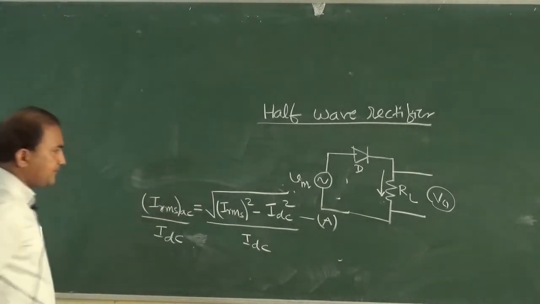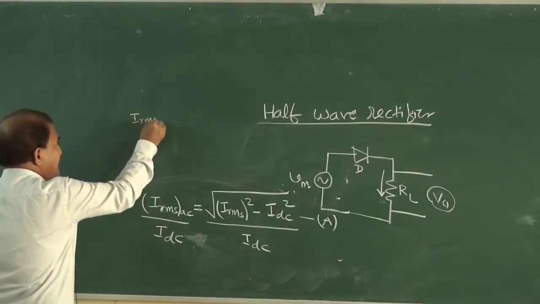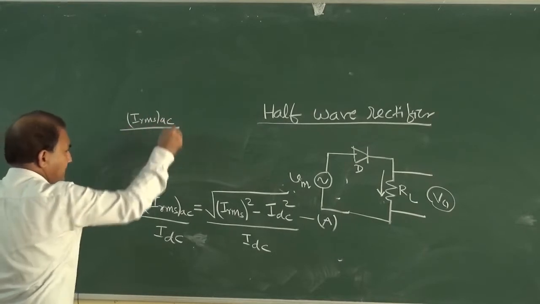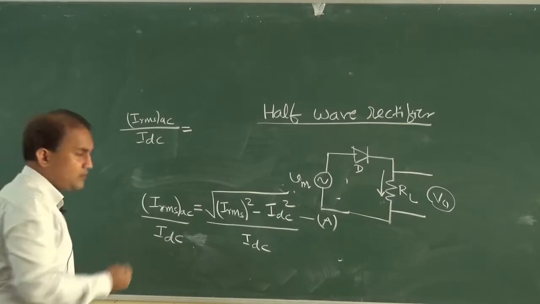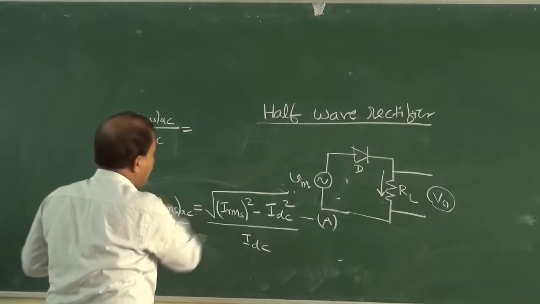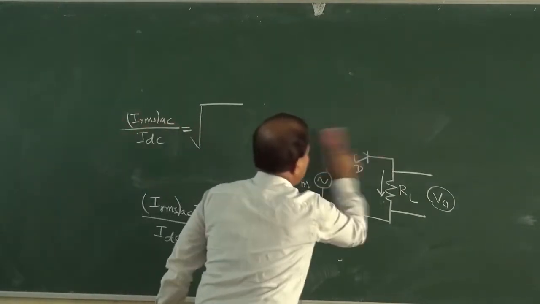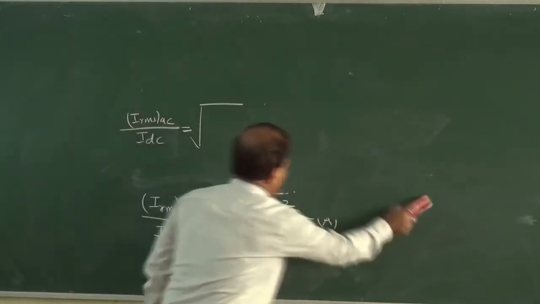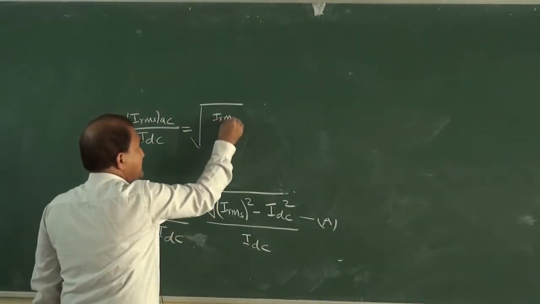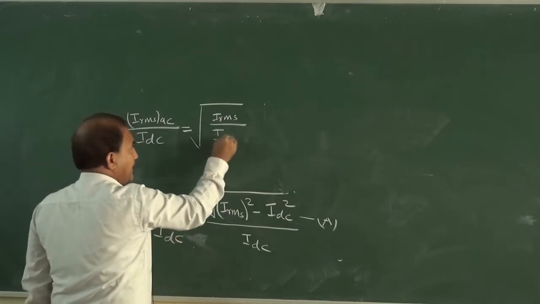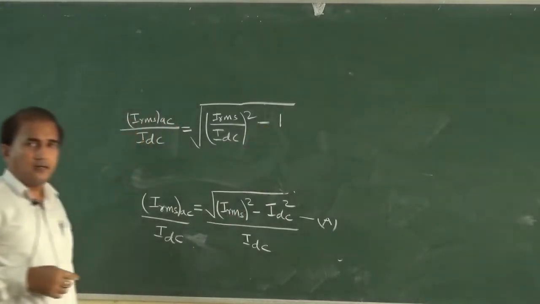So we get I RMS AC divided by IDC, and it is equal to the square root of, I RMS divided by IDC, whole square, minus 1.